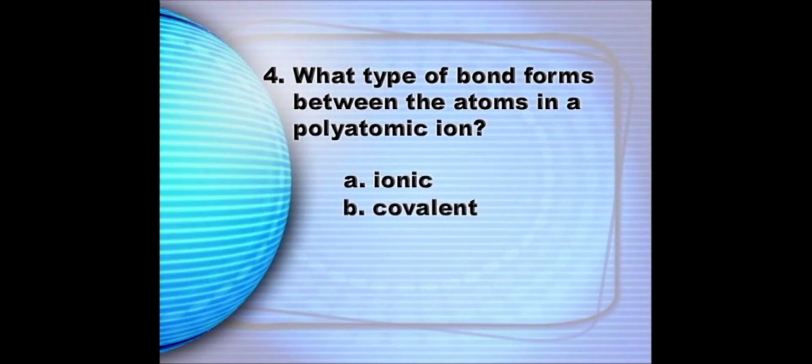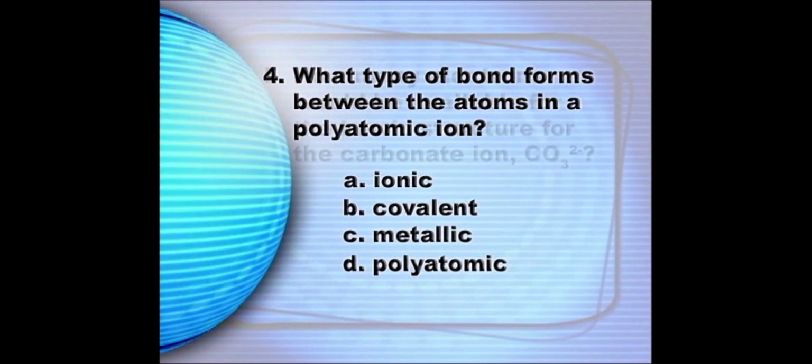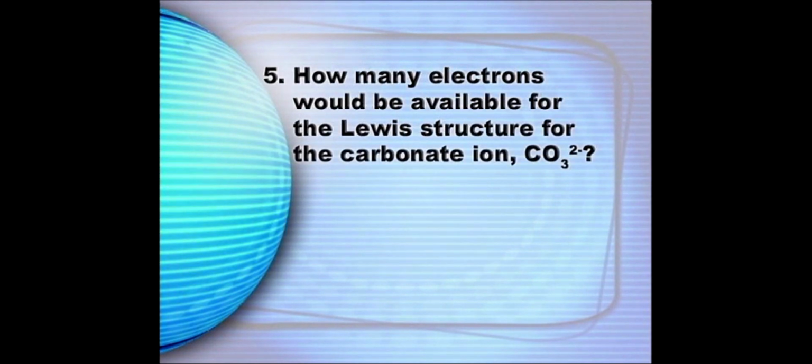B. Covalent. C. Metallic. D. Polyatomic. And number 5. How many electrons would be available for the Lewis structure for the carbonate ion CO3 2-? A. 20. B. 22. C. 24.